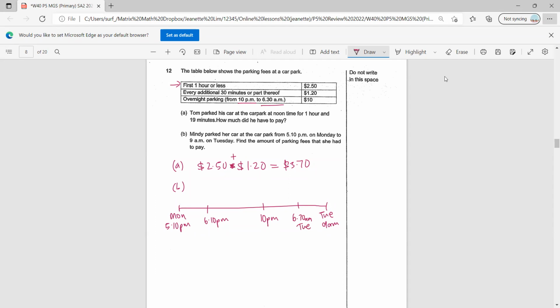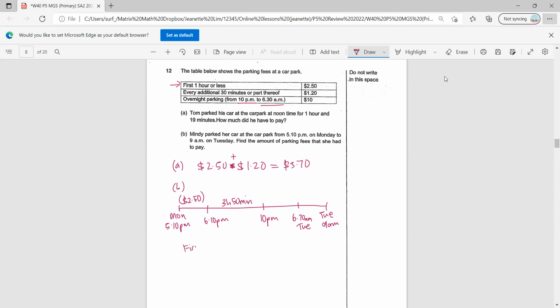Okay, so each of this one is $2.50 for the first hour. Then from 6:10 to 10 p.m., right? How many hours? How many minutes? So this is 3 hours 50 minutes.